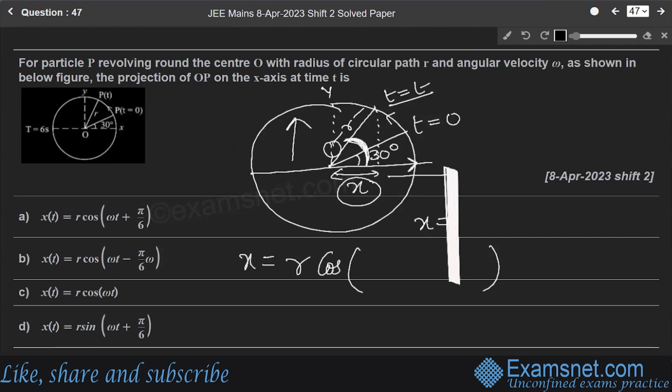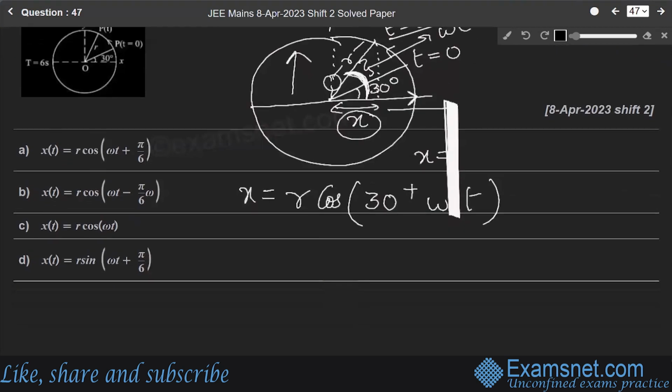This whole angle is 30 degrees plus omega t. So x will be equal to r cos of 30 plus omega t, which means omega t plus pi by 6. So the correct answer is option A: x(t) equals r cos of omega t plus pi by 6.